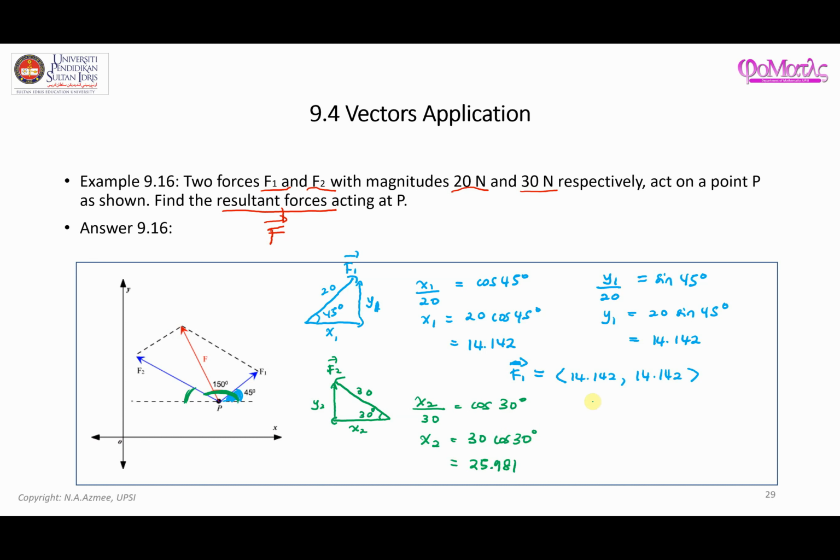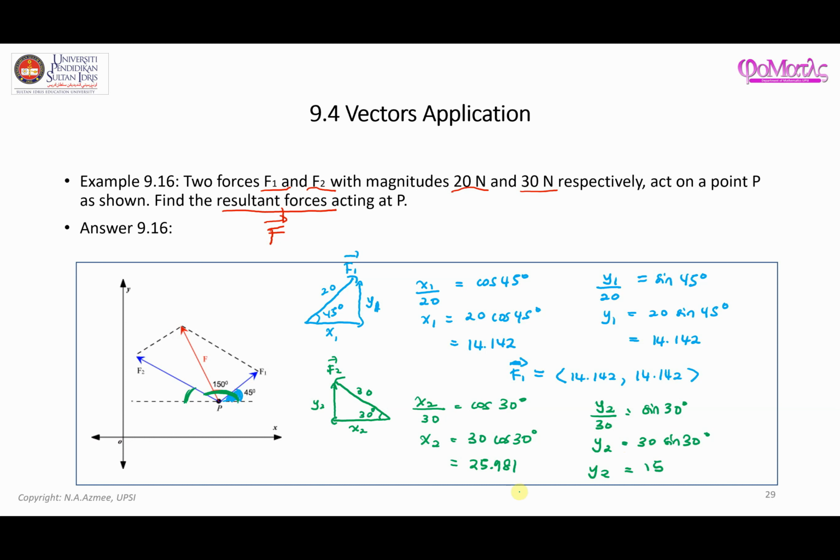Next, for the Y component, y2 over 30 is equal to sine 30 degrees. So y2 is equal to 30 times sine 30 degrees, which is equal to 15.